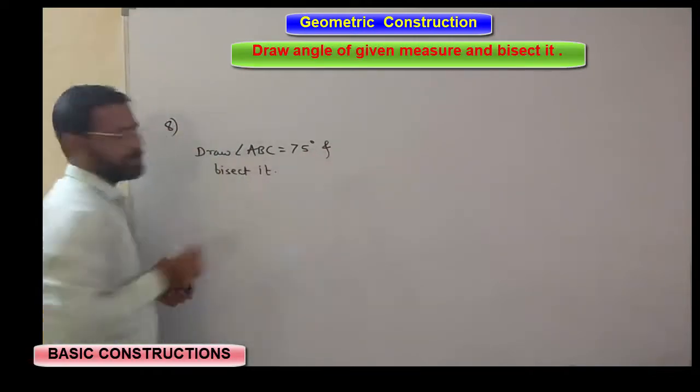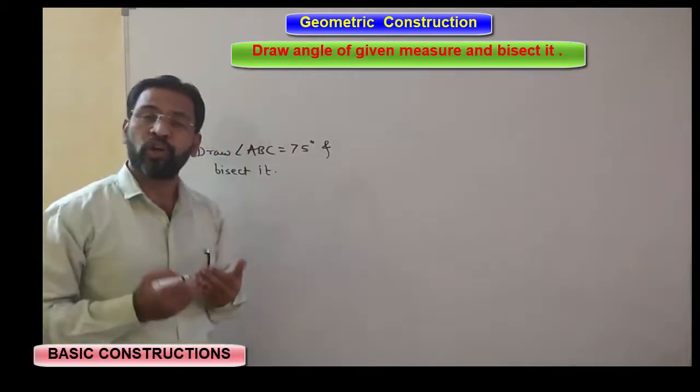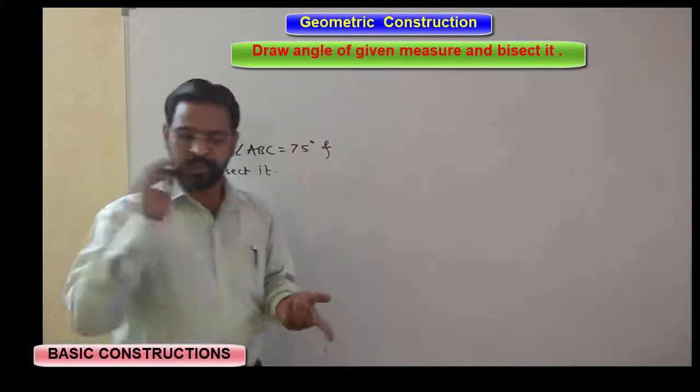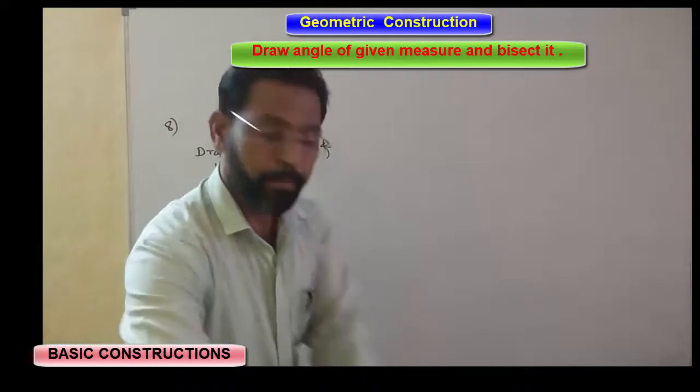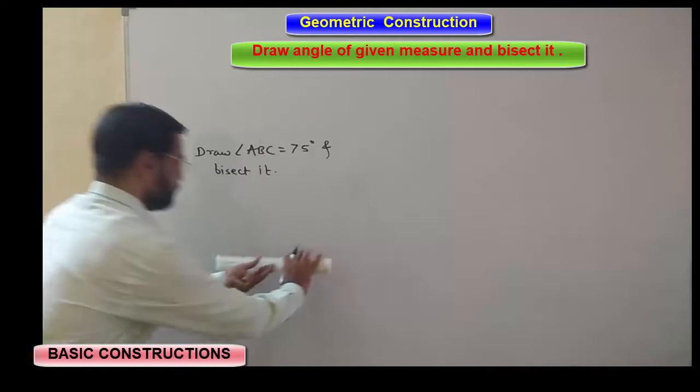So first of all, by using a protractor, we have to draw the angle ABC of 75 degrees and bisect it. See first, I am going to take the base of angle ABC. Look here.